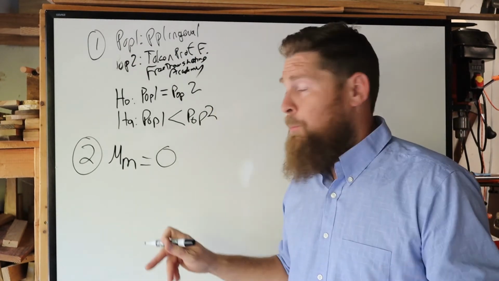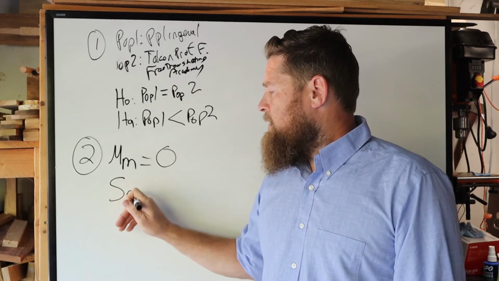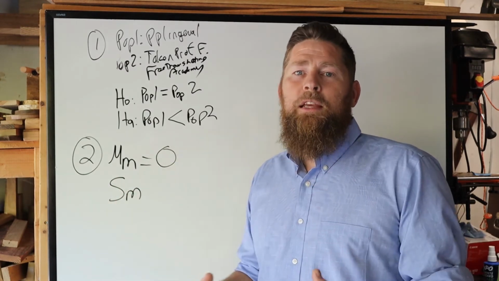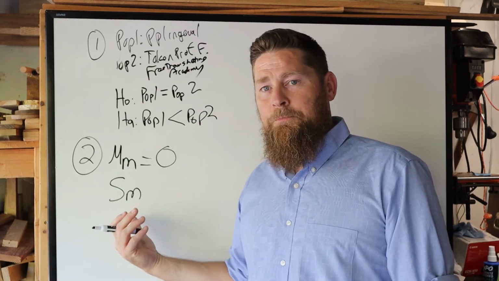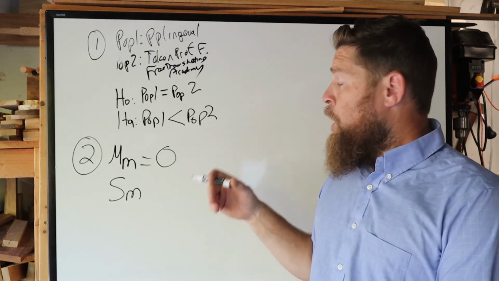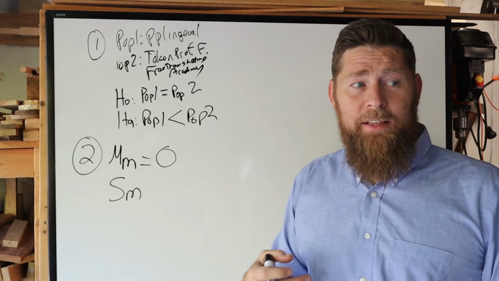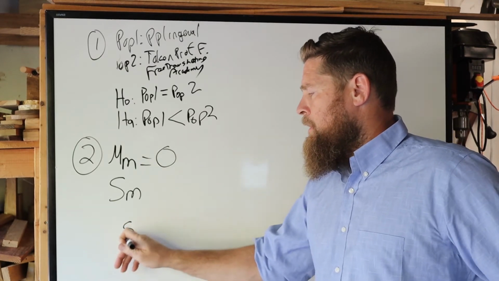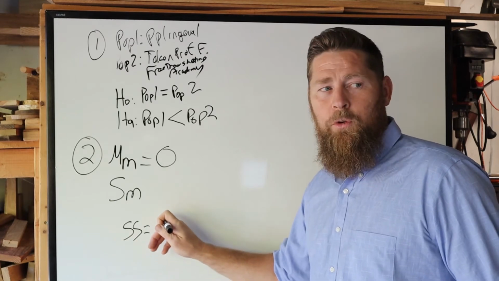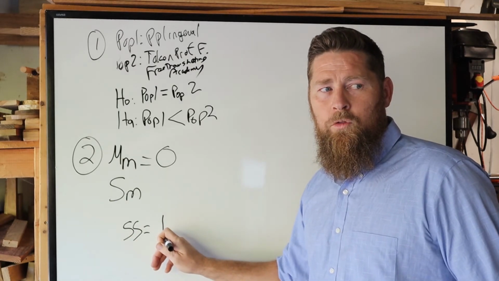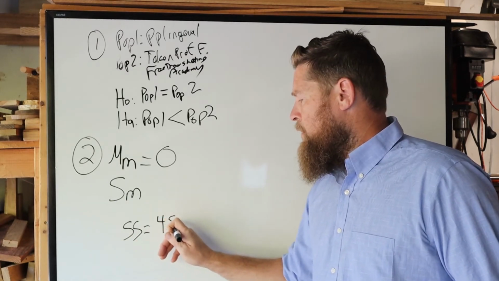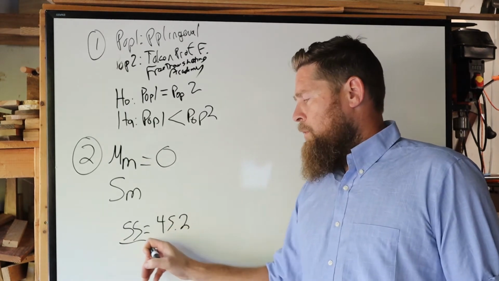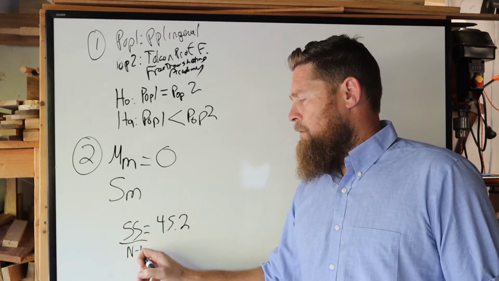Now, that doesn't mean nobody shoots any different from the time they first did. That's why we have to come up with the second one, which is S sub m, or the standard error of the mean, the standard deviation for the distribution of means. We calculated that last time by taking the sum of squares, which we saw was equal to 45.2, and we divide that by n minus 1.